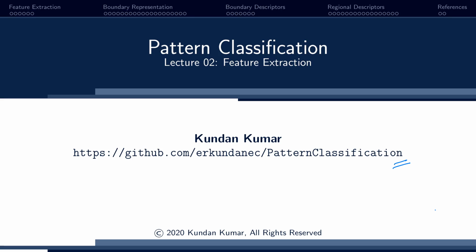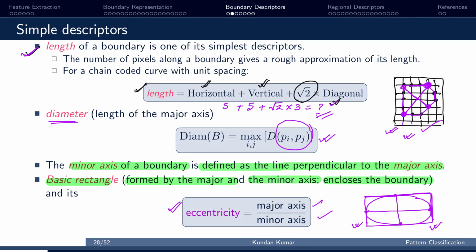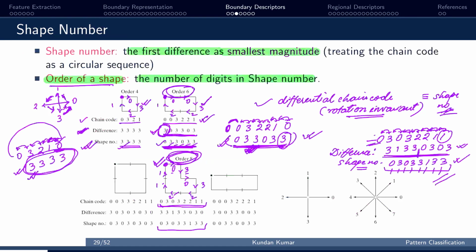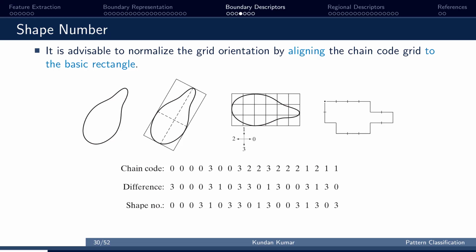So in the last lecture, we discussed the very simple descriptors, and also the shape number. In today's lecture, we will discuss how we can compute the shape number of any arbitrary shape.